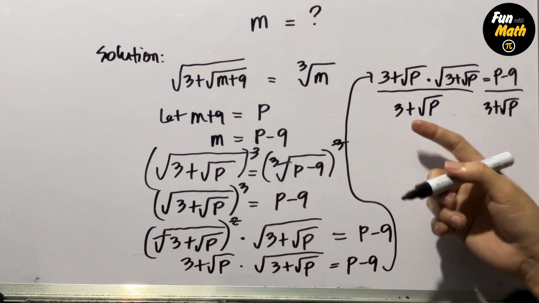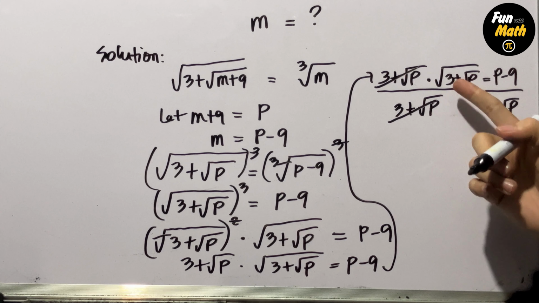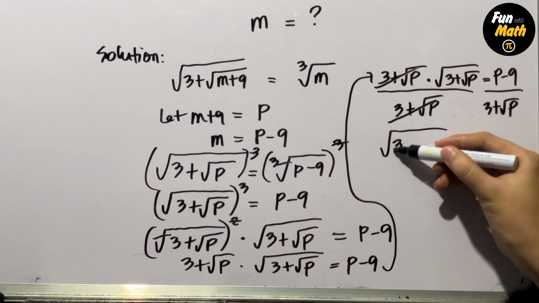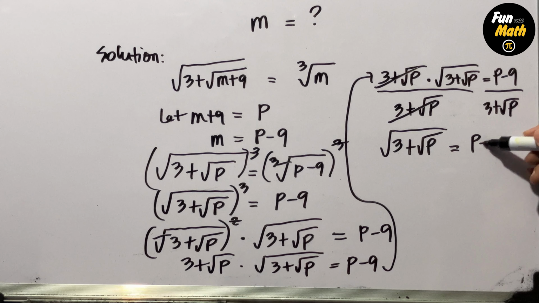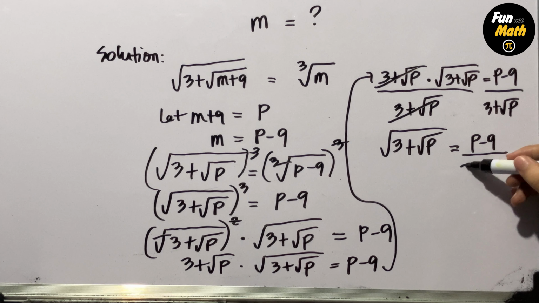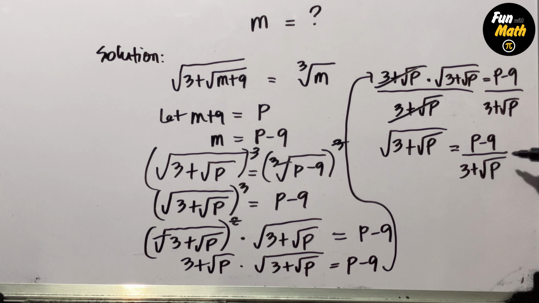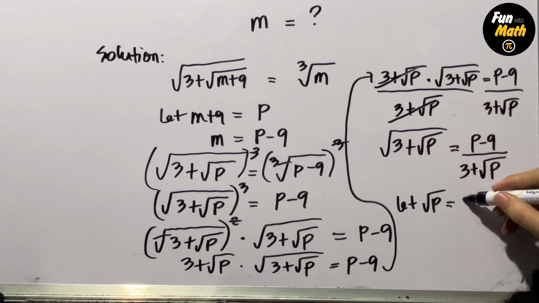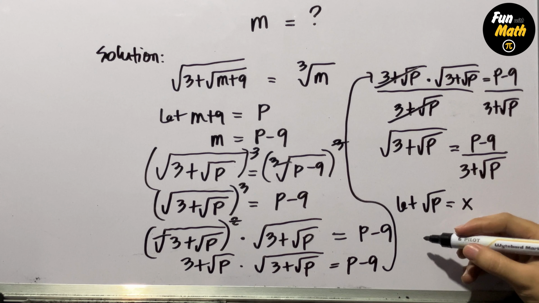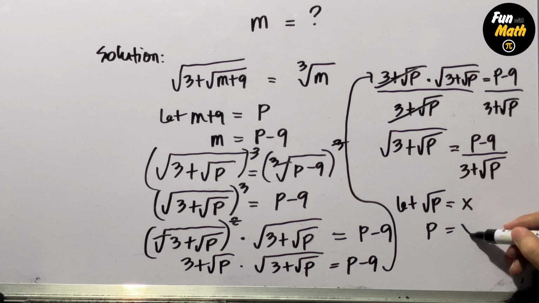So now we can cancel this. We're left with square root of 3 plus square root of p equals p minus 9 over 3 plus square root of p. Now next is, we can let square root of p be equal to x, or that is p is equal to x squared.